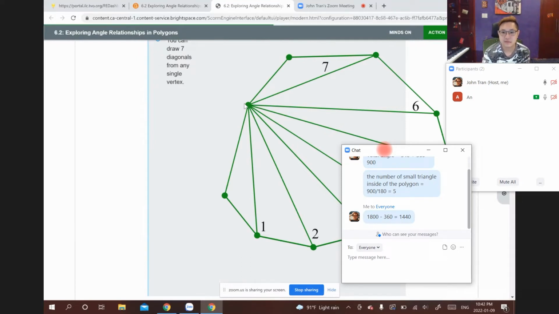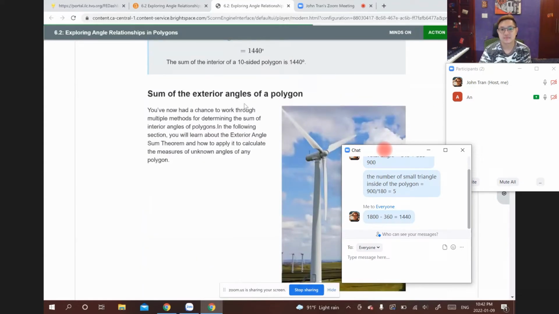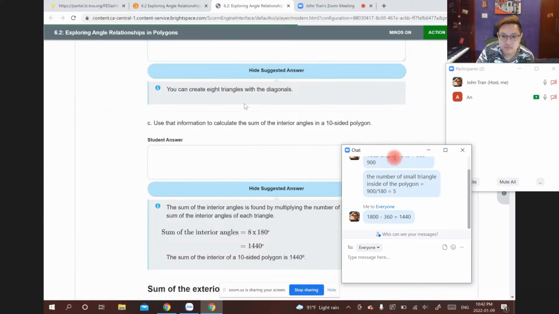That 1440 corresponds to how many triangles? 1440 divided by 180 is 8.